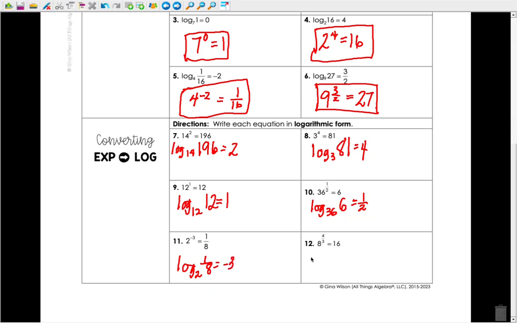Okay, I hope you paused and checked to see what you got. I wanted you to try those first on your own. If you did, then this is what you should have gotten for number 11. And number 12 was log base 8 of 16, which was equal to 4/3.